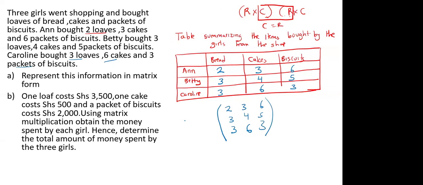So you can say that is my matrix that I have summarized. In case you don't have that table, then you need to write something. You say, this is Anne, this is Betty, and this is Caroline. Then up here you will say this is bread, these are cakes, and these are biscuits. So that was how they wanted us to represent the information.